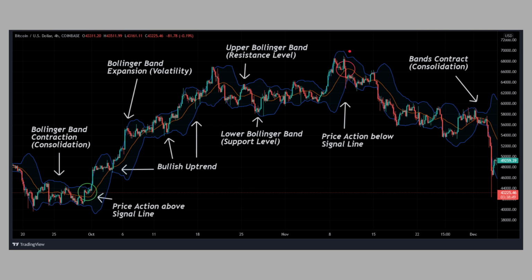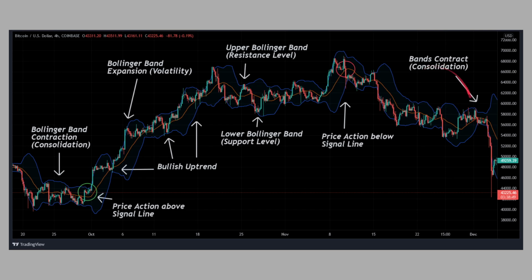The Bollinger Bands are expanding, but generally price is failing to reach that. So now we're starting to see a rejection to the downside. And now we're starting to see a bearish trend established from these highs. This is really hinted towards from the price action falling below the signal line, and then generally failing to close and push past this upper Bollinger Band in a meaningful way.